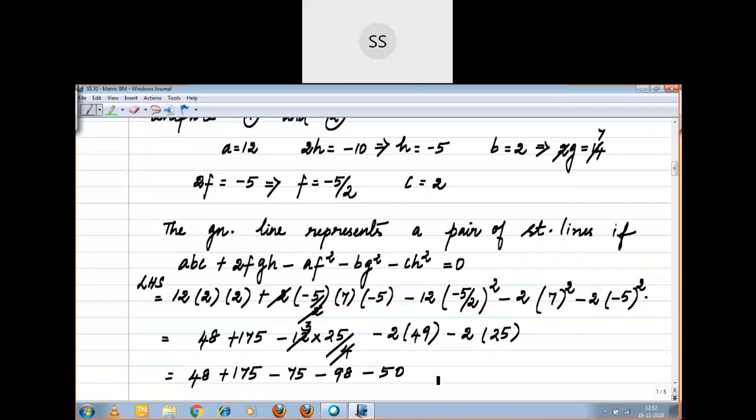You have to add all the things, right? Minus 75, minus 98. What can you get? You see, 48 plus 175 is 223.